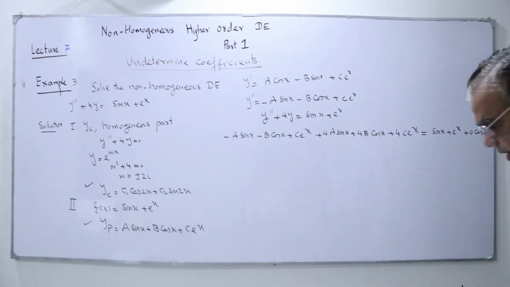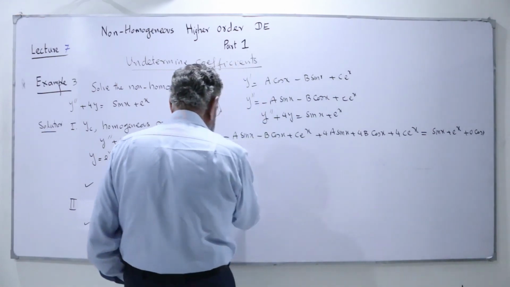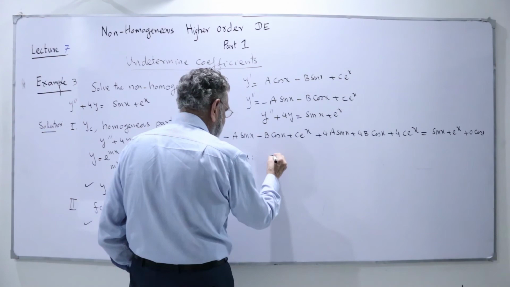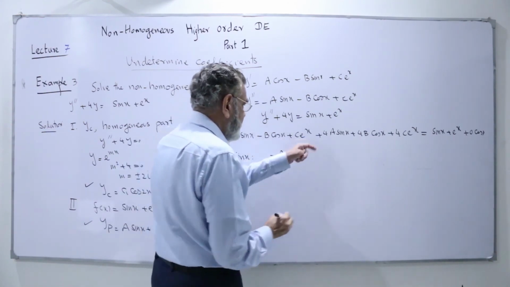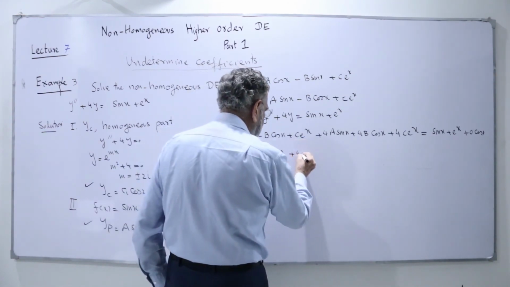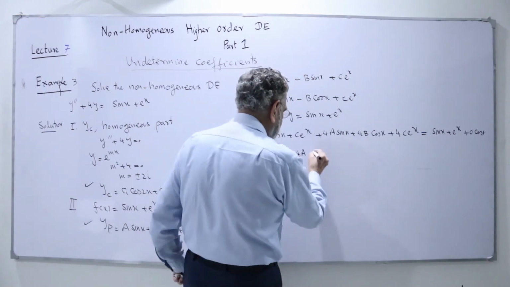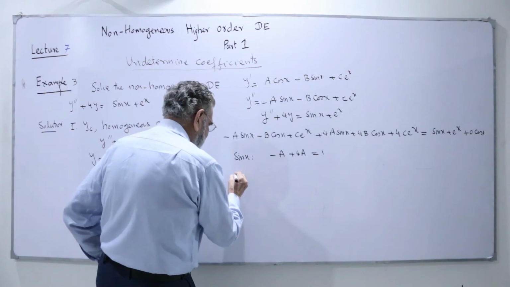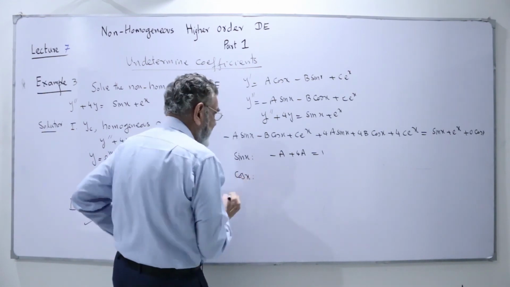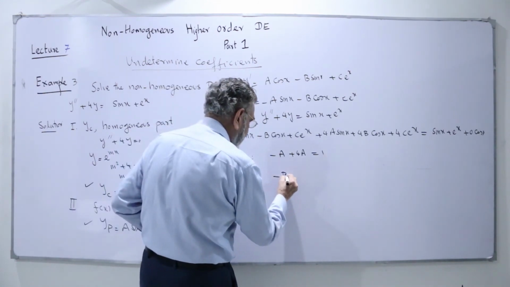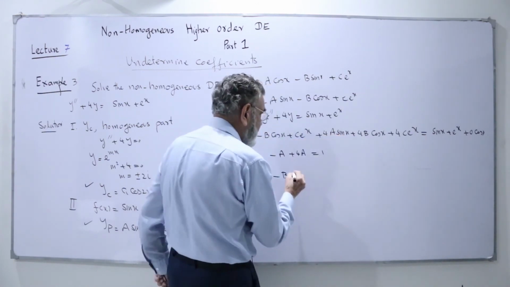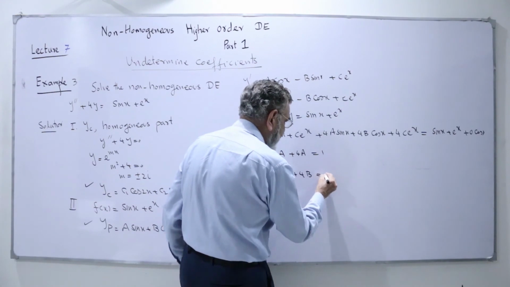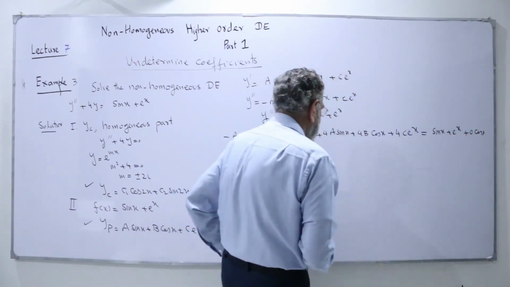Now we compare the coefficients. Comparing the coefficient of sine x, we have minus a plus 4a, and this is equal to 1. Then cosine x: minus b plus 4b, and on the right hand side the coefficient of cosine x is 0.